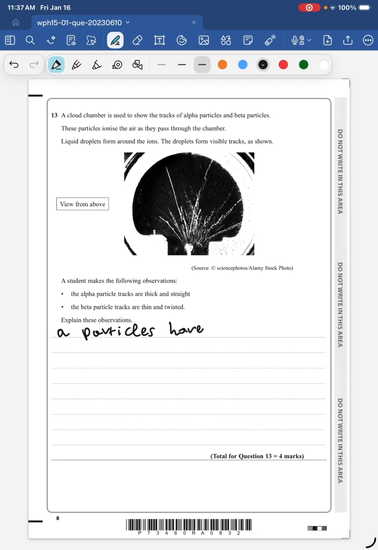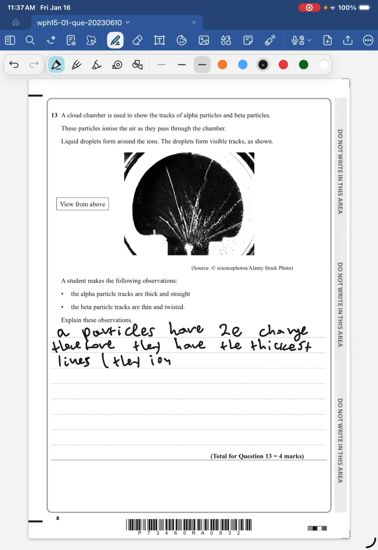So alpha particles have twice an electron charge, 2e charge. Therefore, they have the thickest lines, because they are charged, they ionize many particles. They ionize lots of particles.